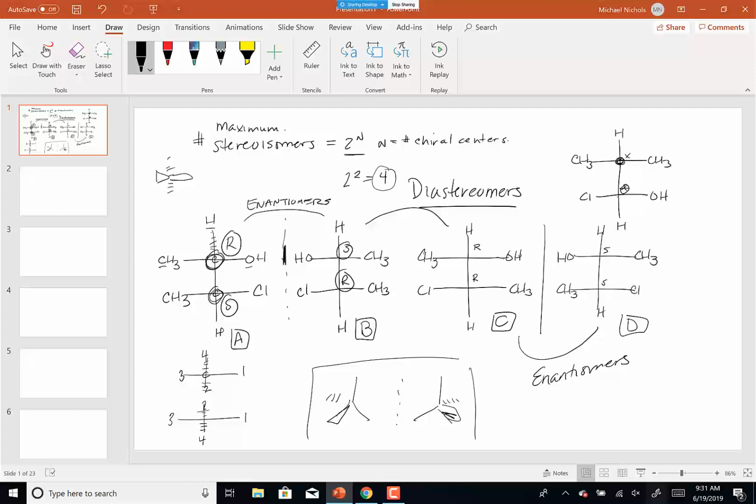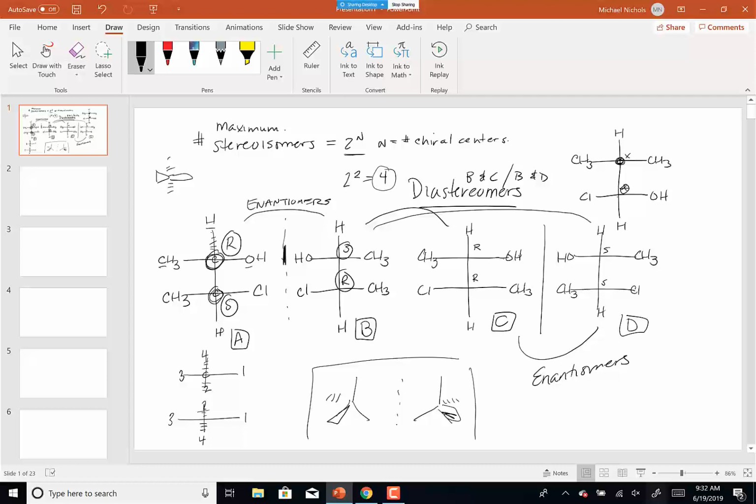So B and C are diastereomers. Is there another diastereomer to B? D is also a diastereomer to B. So not only are B and C diastereomers, but B and D are also diastereomers. And if I wanted to look at A, what's a diastereomer to A?